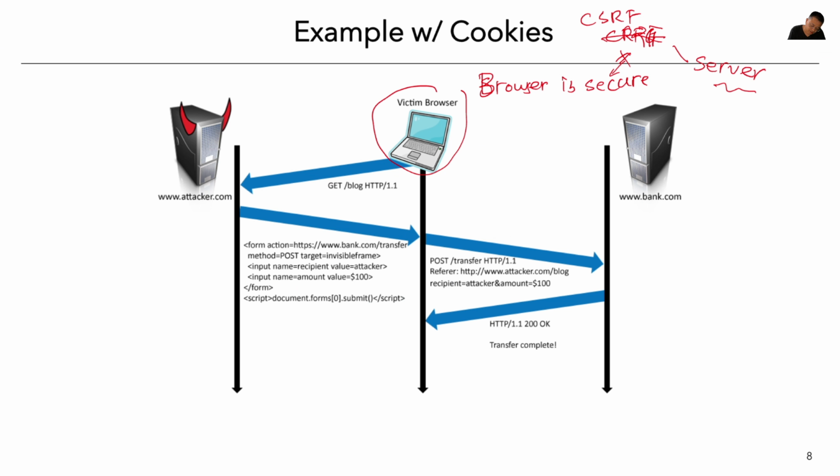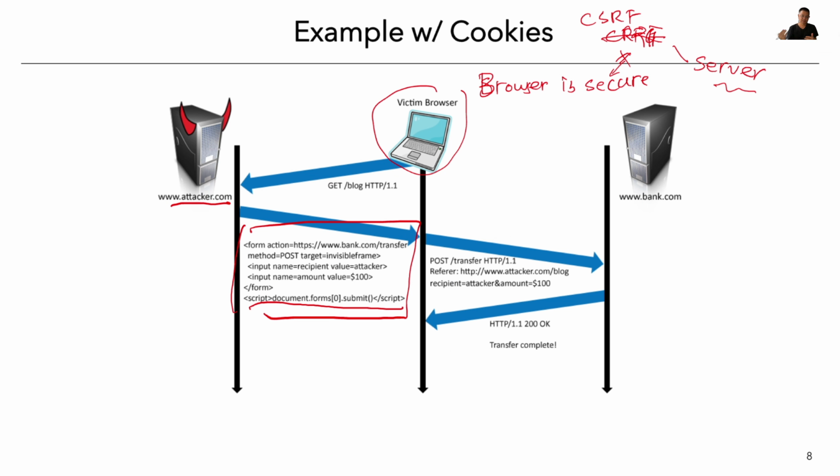Okay, so the victim browser accesses the attack server, right? The attack server will have this form on the browser, but at the same time it has this script. So the attacker can just create an iframe and put this piece of code in this iframe.